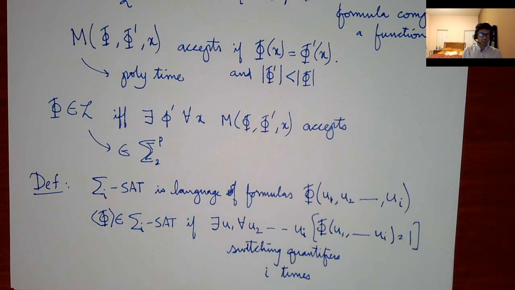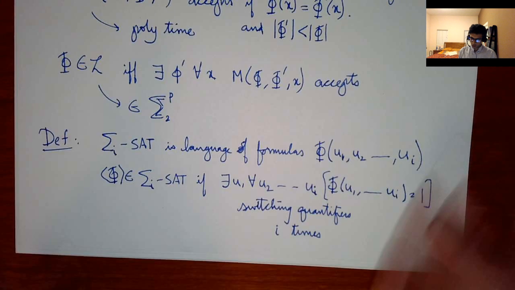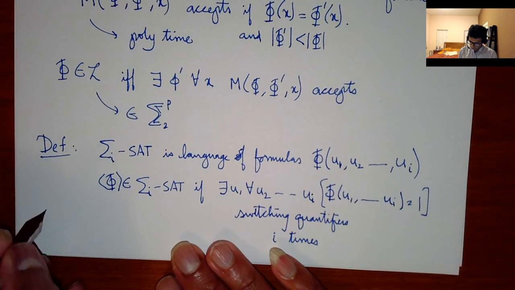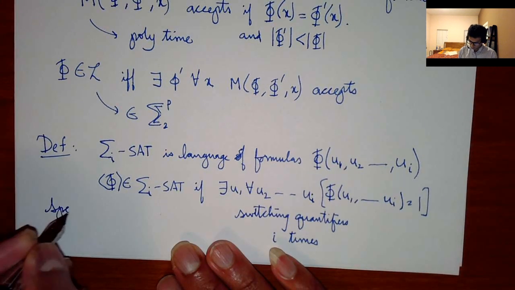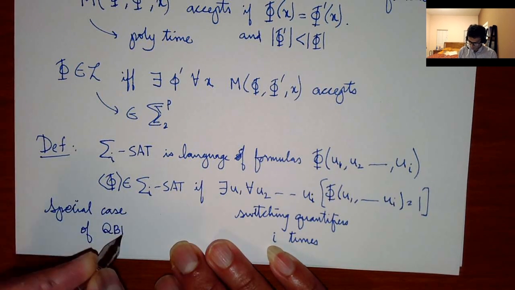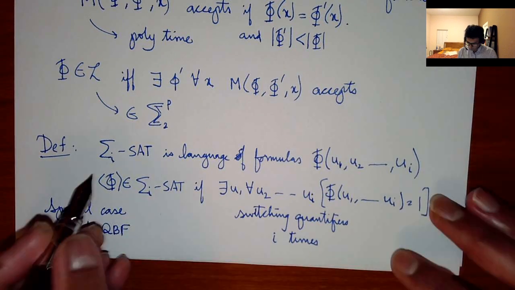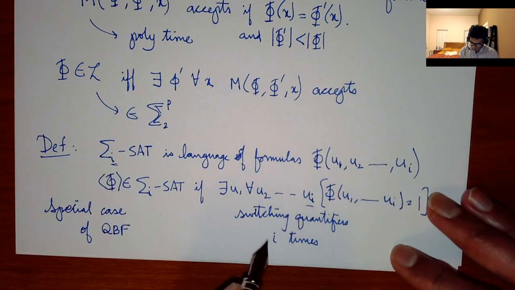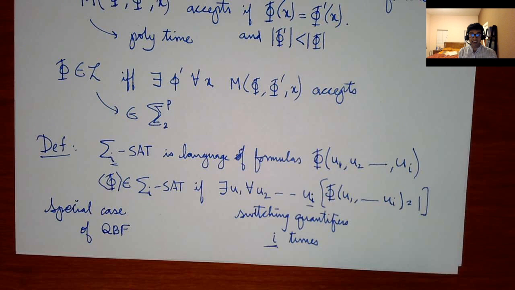But this is like a switching quantifier version of SAT. This is a special case of QBF. And the specialness is in the I, because it only switches the quantifier I times. So it's only allowing a constant number of switches in the quantifiers.